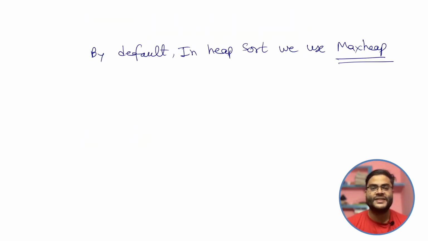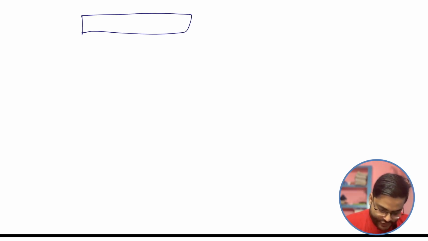Till now, we have seen what is heap and what are the types of heap. There is min heap, there is max heap, and by default in heap sort, we use max heap. Okay, so let's take an example. Let's say we have an array which contains 5, 4, 1, 3, 2, 6.